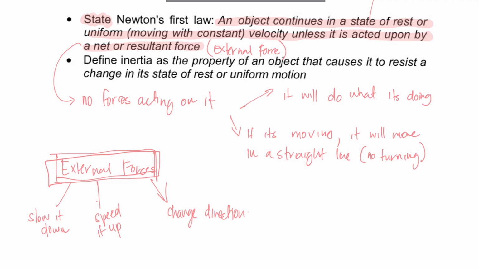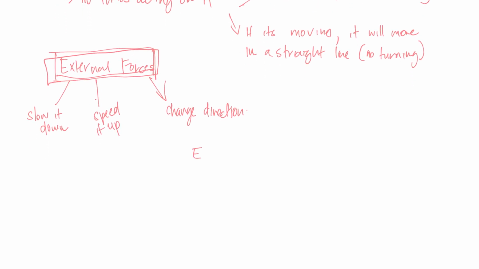Now, on Earth, we don't have conditions which make this law perfect in practice, mostly because Earth is not a vacuum. If I'm in a vacuum, it means I'm in outer space, and in outer space, there is no matter.